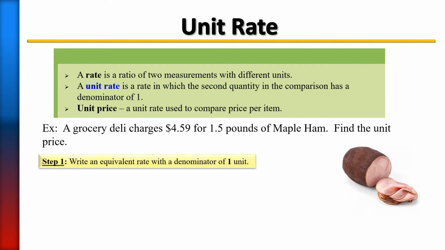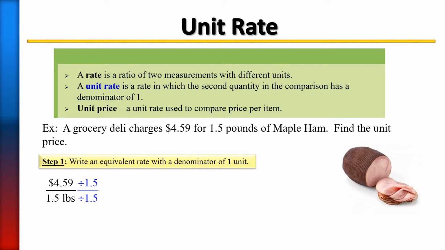Now, the only way you're going to have a denominator of 1 is if you take whatever number you have in the bottom and divide the top and the bottom by that number, because remember, with fractions, whatever you do to the bottom, you must also do to the top.